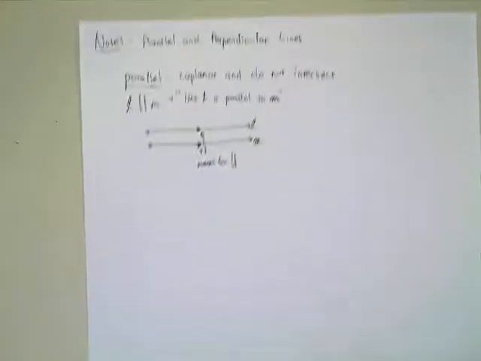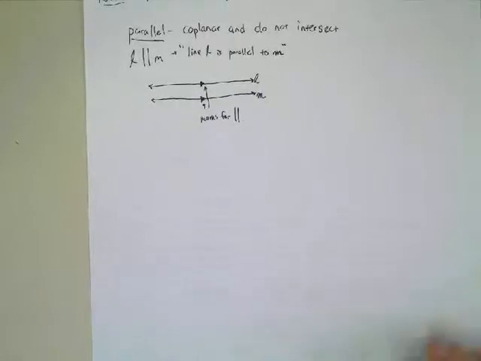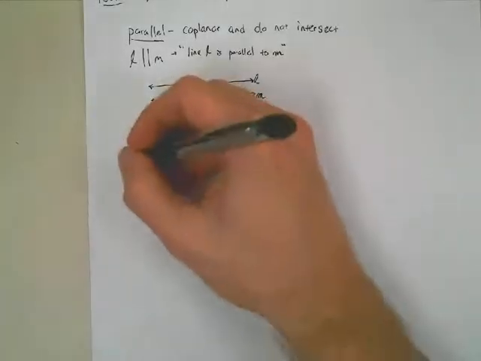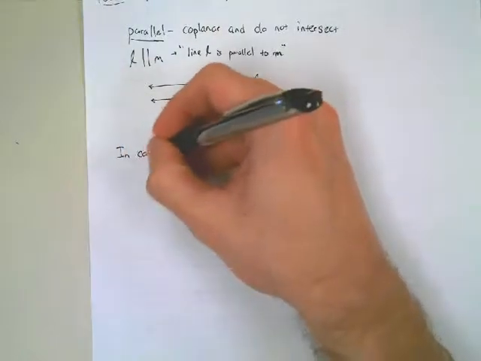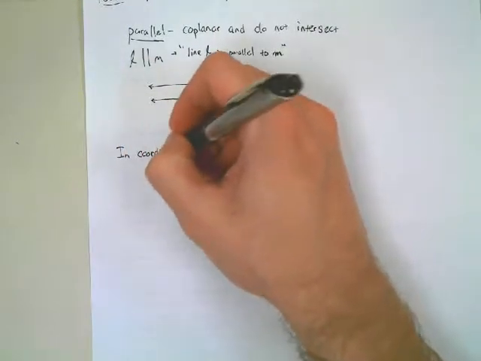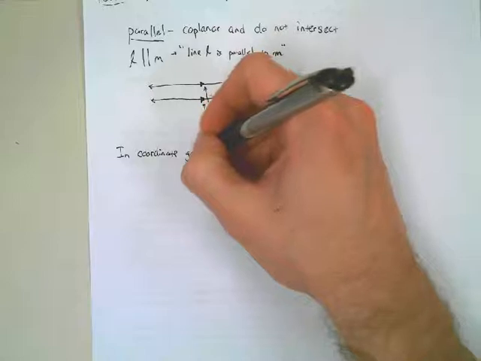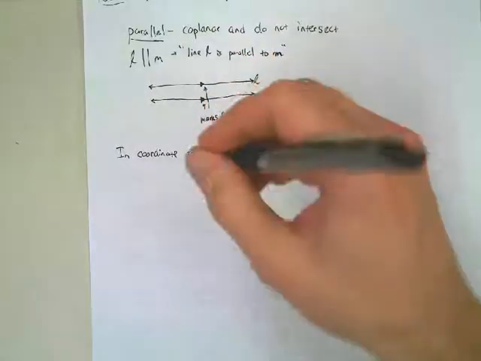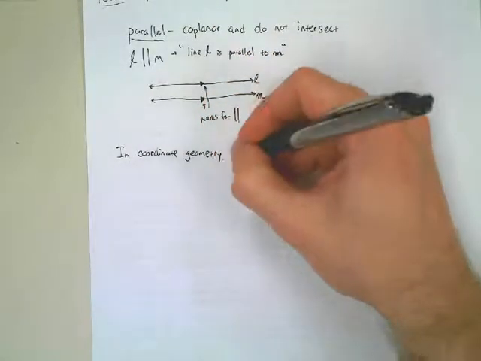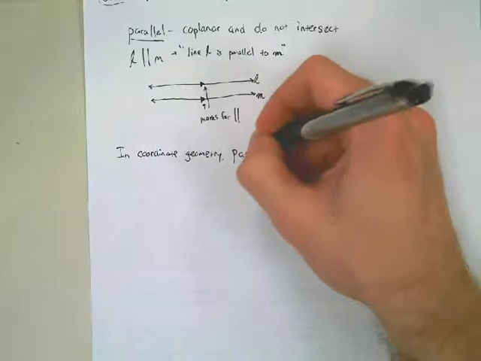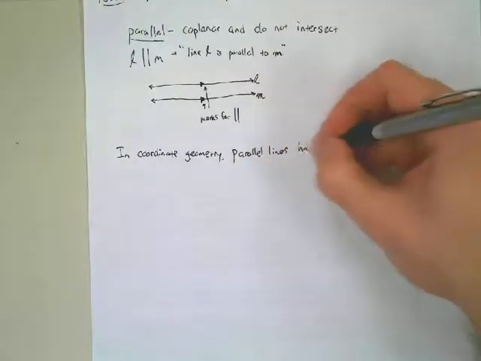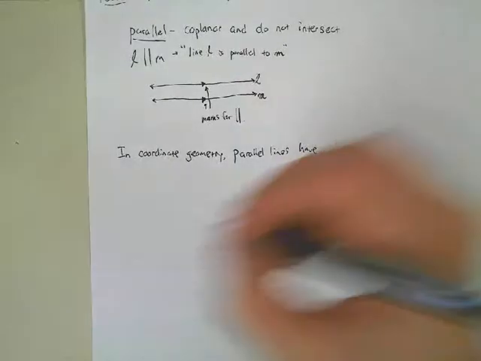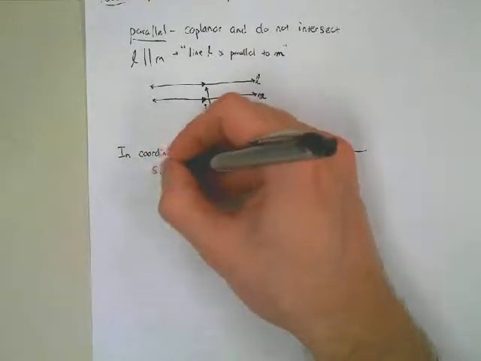All right, so then in coordinate geometry, like on the coordinate plane, parallel lines have blank slope.